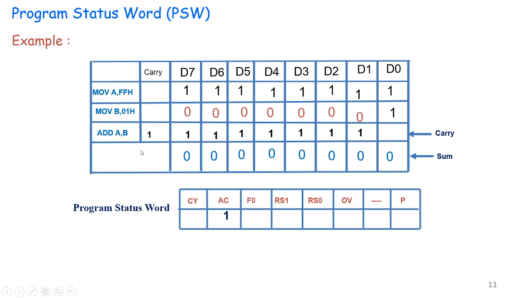When carry is generated, automatically this carry flag will be set to 1. So this is the result in the accumulator, which will be 0 0. The parity flag will be reset because the number of ones is even. No one is here, so this is even, that is 0, reset.